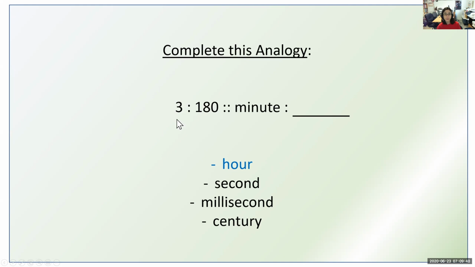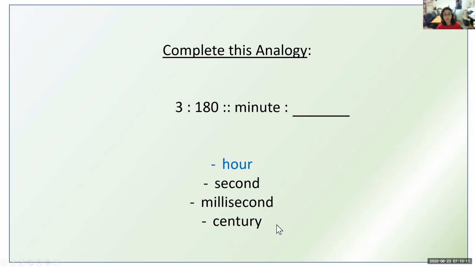So notice that it goes from small 3 to large 180. That's why second and millisecond wouldn't work, because minute to second, that's going from large to small. That's the opposite. And minute to millisecond, that's also going from large to small. So that wouldn't make sense, because we have small to large, 3 to 180. That's another reason why century wouldn't work.